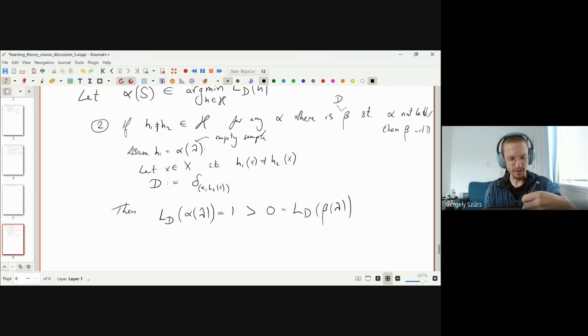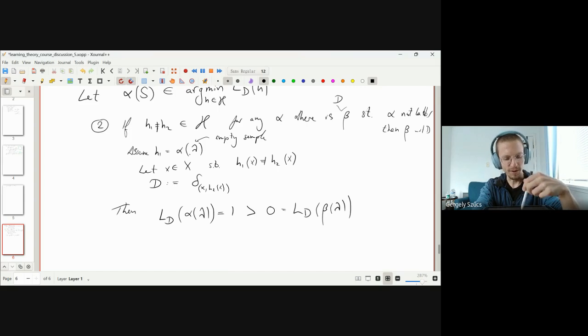It's kind of interesting to see, let's say we require alpha to be worse than beta on a certain sample size not 0, then you need to work a little bit harder, because if you want to assume that that sample has positive probability, then we need to make sure that whatever beta returns, we can still define a distribution with small probability on that sample when alpha gets the wrong thing.